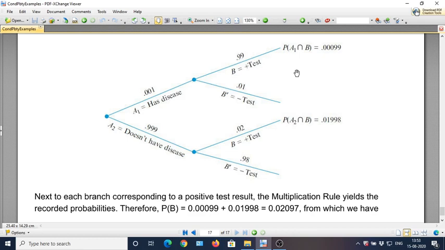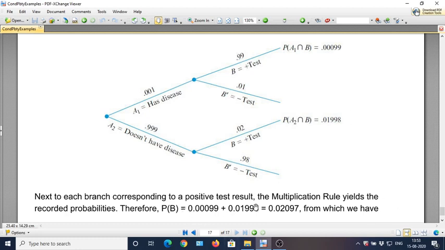The sample space has two partitions, A1 and A2: those having the disease and those not having the disease. So B can be written as B intersection A1 union A2. A1, A2 was a partition, a mutually exclusive, collectively exhaustive set of events. So B can be written as the union of A1 intersection B and A2 intersection B. Because they are disjoint, their probabilities add up. So this is P of B.